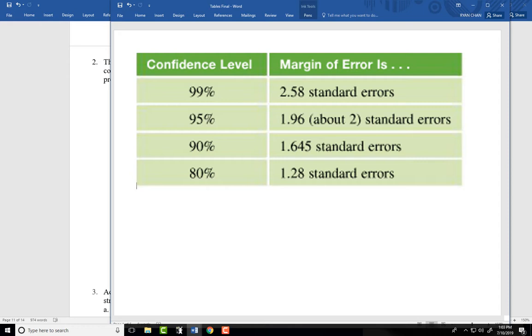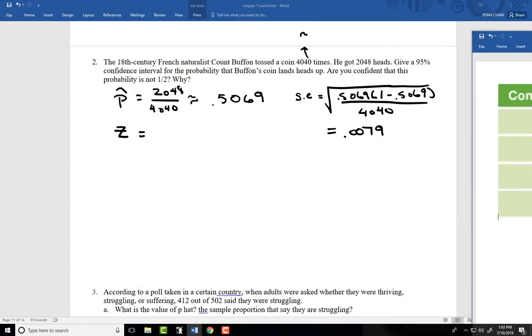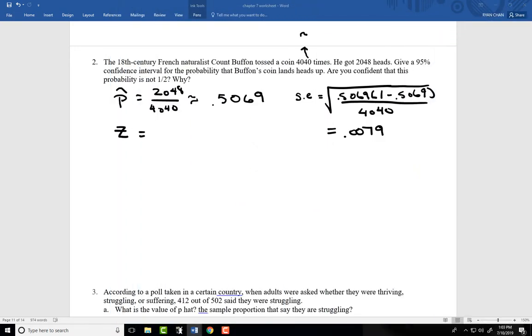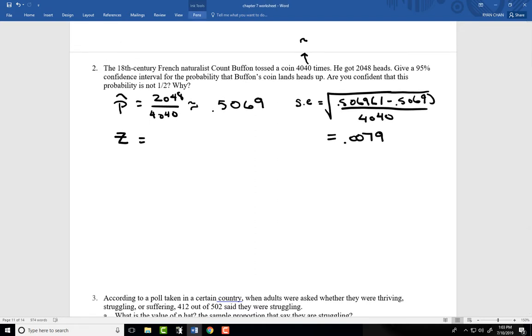However, you can do 1.96 as well. When you do this on your homework online, they are pretty picky, so I believe you have to use 1.96. Otherwise, you'll be off by a tiny bit and they won't accept it. So z is equal to 1.96.